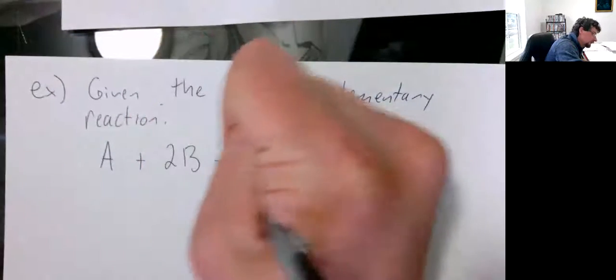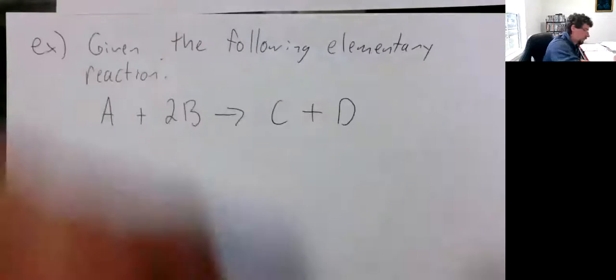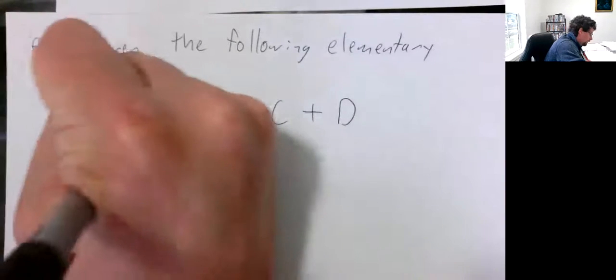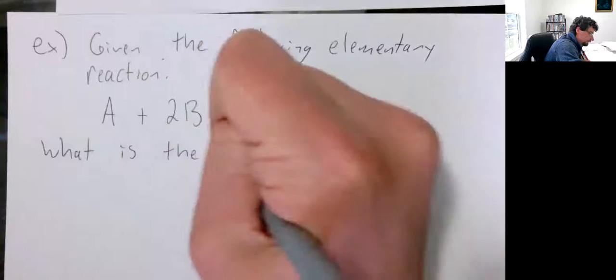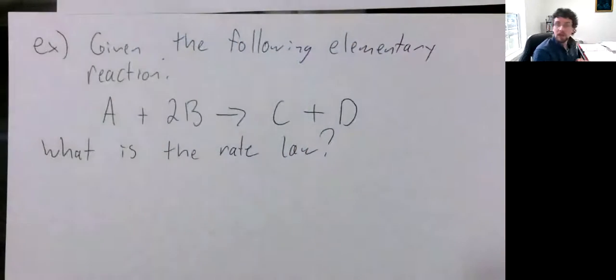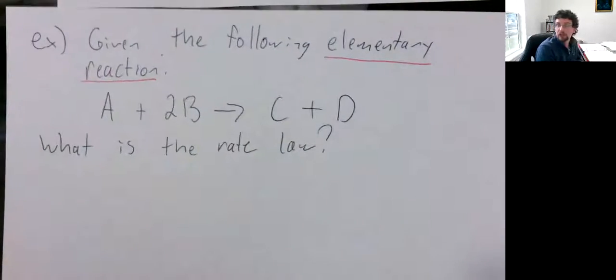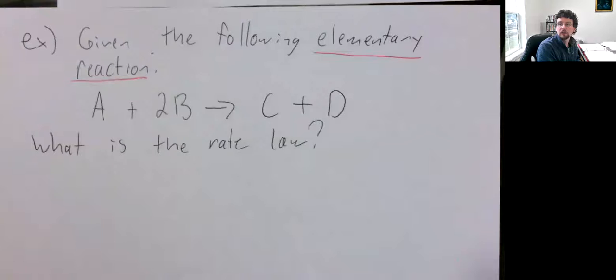We have A plus 2B goes to C plus D. And we're going to ask the question, what is the rate law? Okay, important point. We were told that this was an elementary reaction. So that means we can look at the stoichiometric coefficients and we can determine this.